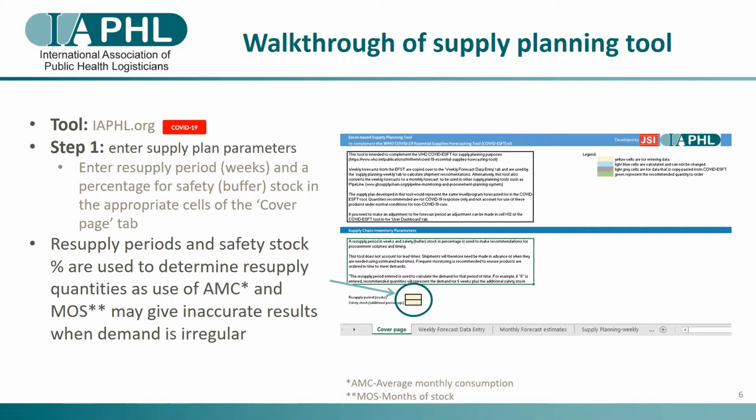The solution, we think, in this case was to apply a resupply period and a buffer stock instead. So on the first page, you would be asked to enter your resupply period in weeks and the safety stock parameters.